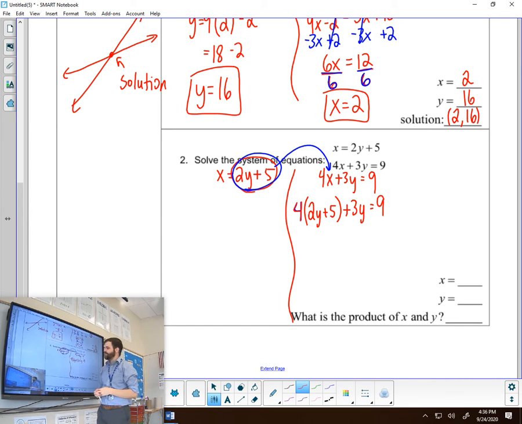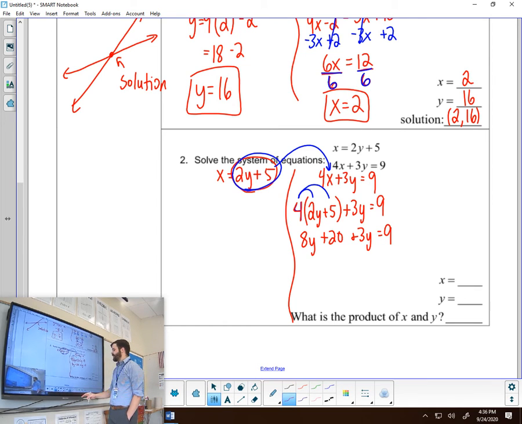So here's what I'm going to do. I am going to first distribute. I'm going to take this 4 and distribute to get rid of this parentheses. That's going to make 8y plus 20 plus 3y equals 9. Okay, next, I'm going to do two things at once.